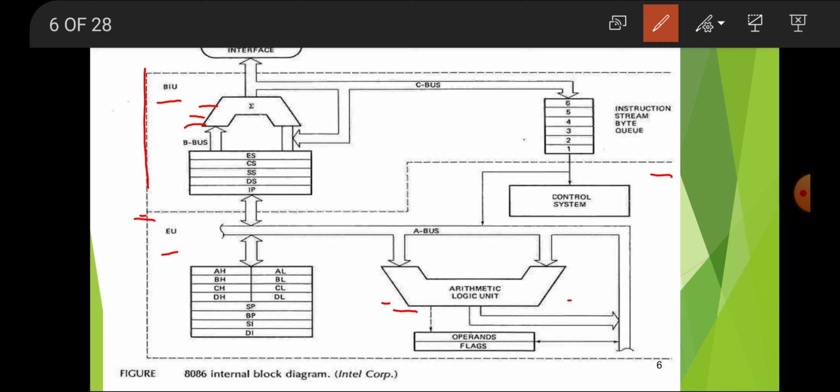In the 8085 you can execute just one instruction. After the completion of the execution of one instruction, then you can fetch another instruction, right? And again when that instruction is completed, then you can fetch another instruction.